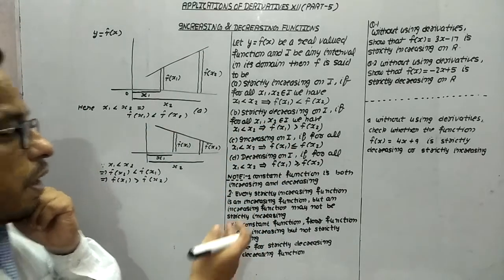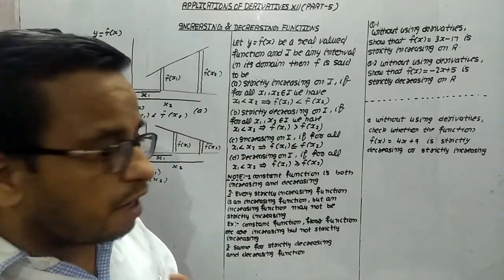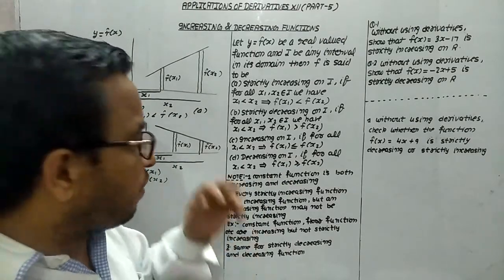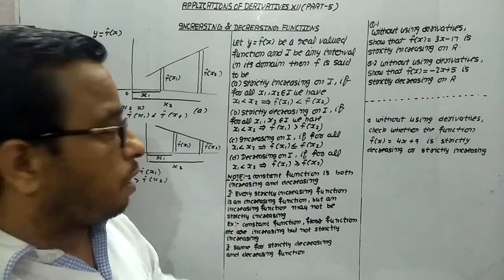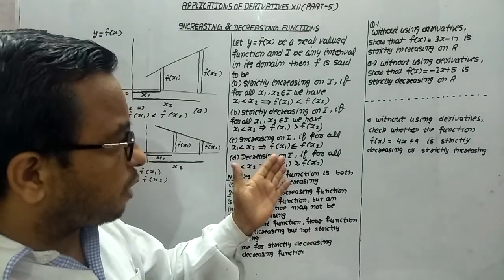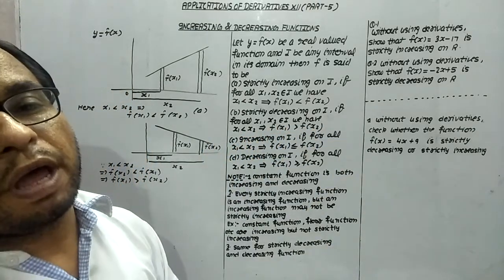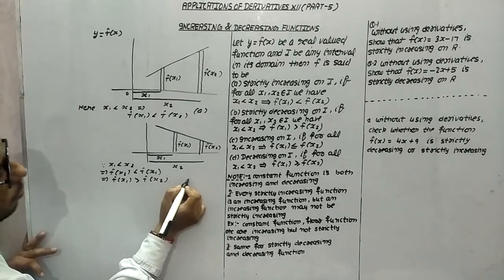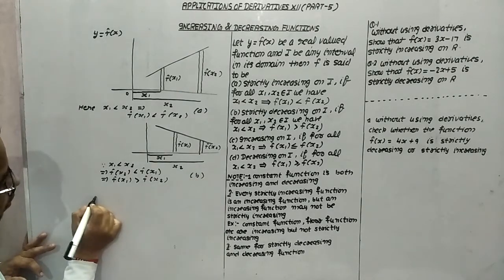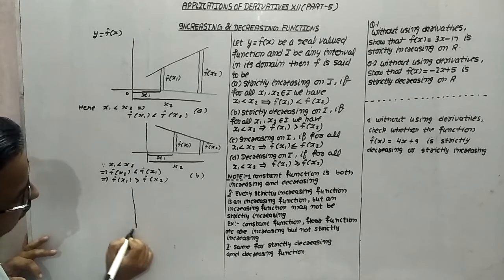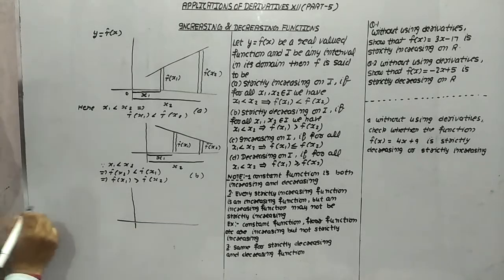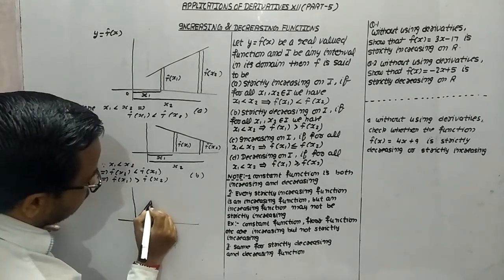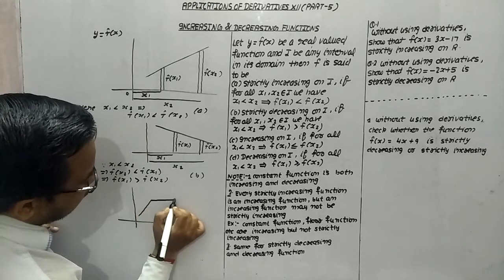Now next is increasing on I. In an increasing function, this is the condition: if x1 < x2, it implies that f(x1) is less than or equal to f(x2). To understand this part, we will see it with a graph. I am taking the graph of a function in this way.